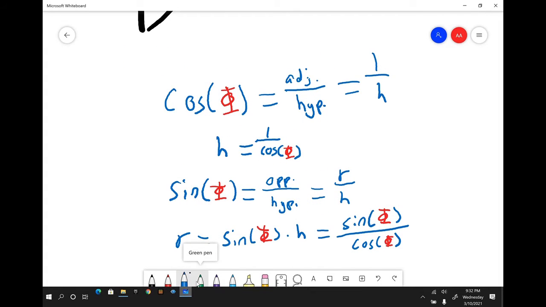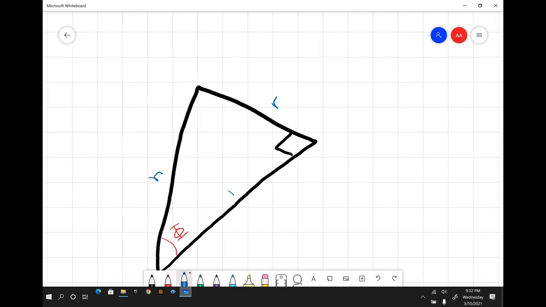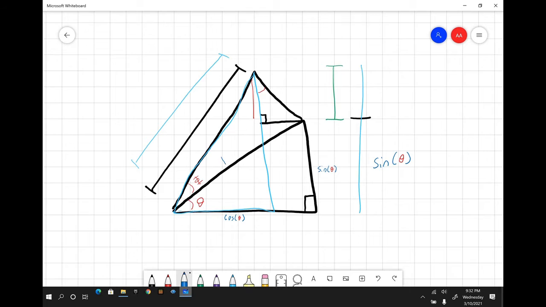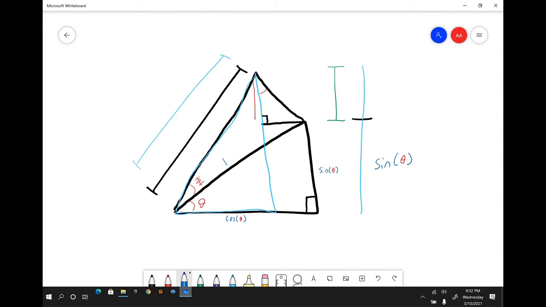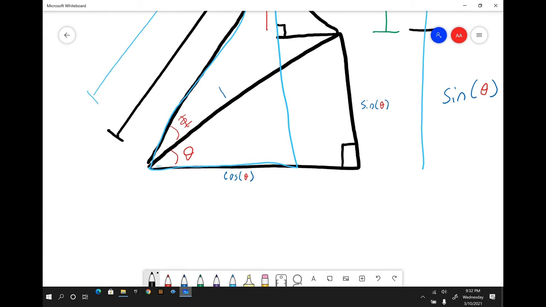Now before we take a look at the small right triangle that we created in our diagram in the top right, we need an angle to work with. So let's see if we can use our bottom right triangle as a reference point.